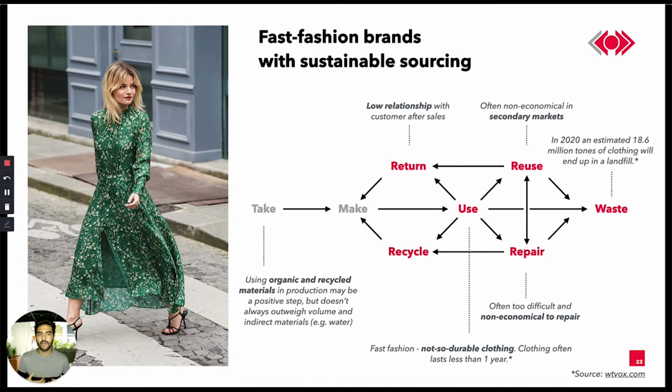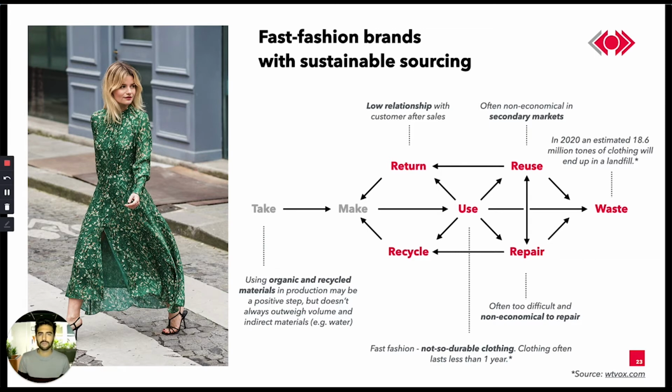So there may be a neutral impact upstream by using some organic and recycled materials, but oftentimes these are very little in percentage-wise and don't offset really the high volumes that are being produced internationally. In the usage phase, we know that fast fashion's business model is built upon making clothing that does not last.